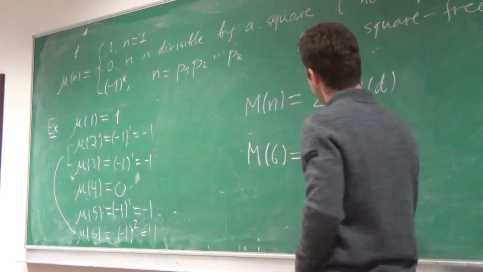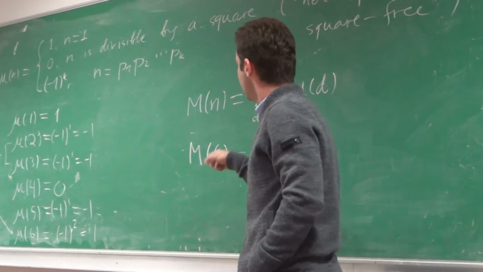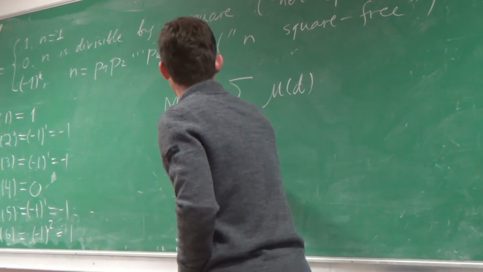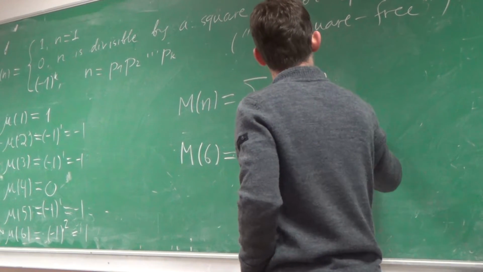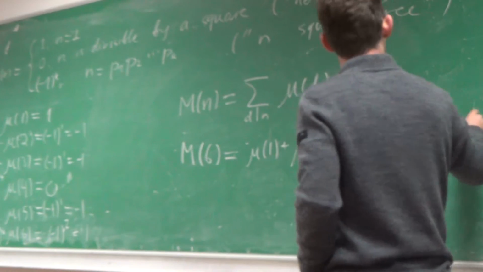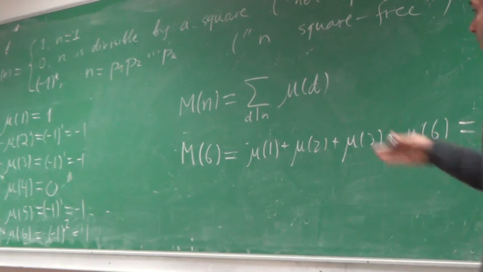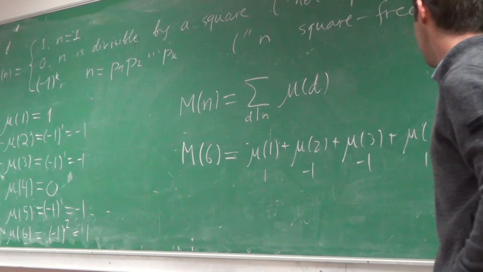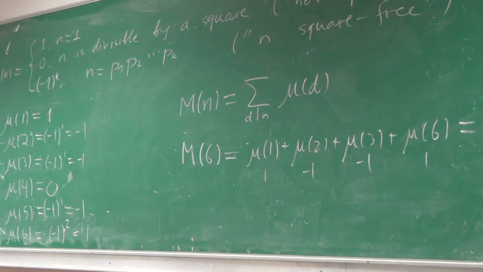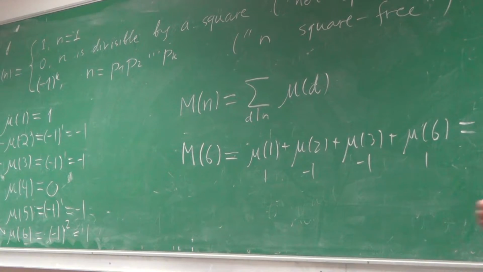So I need to sum over divisors. Divisors are 1, 2, 3, and 6. So I need to do mu of 1 plus mu of 2 plus mu of 3 plus mu of 6. Here are the values: 1, negative 1, negative 1, 1. Altogether that's a 0.